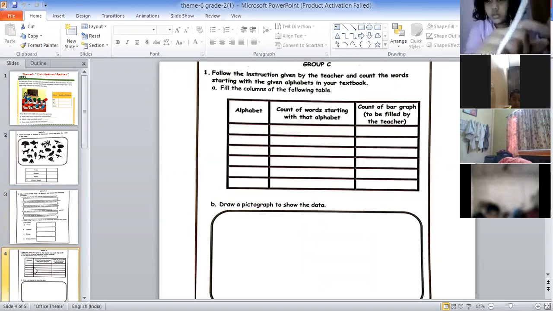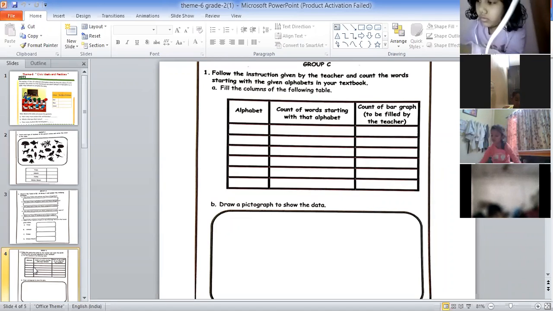Okay, children, now come to next page. This is page number 18 of your math codes book. Please write date and classwork on page number 18.